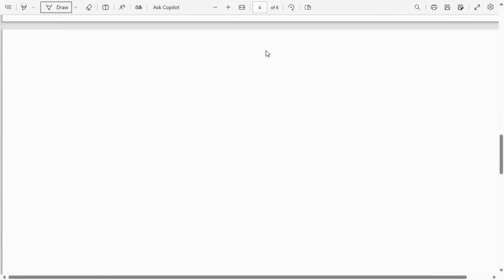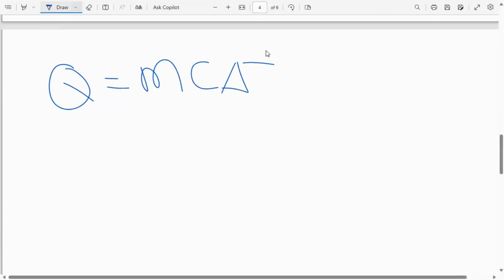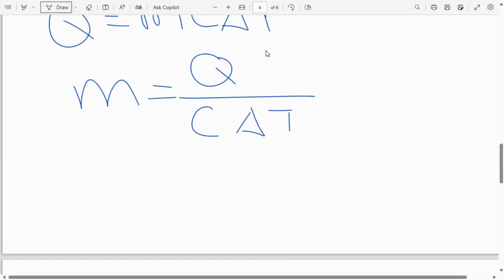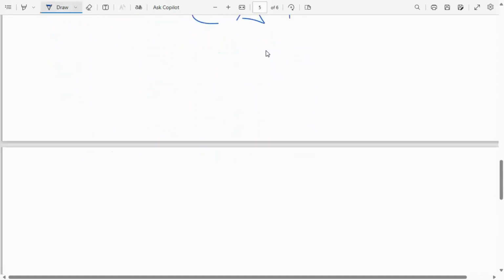Okay, so I'll now bring my formula to say Q is equal to MC multiplied by the change in T, like that. So I'm making M the subject of the formula, which will give me M is equal to Q over C multiplied by change in T. So M, not Q rather.